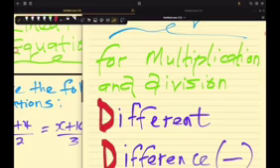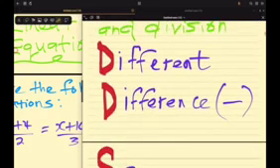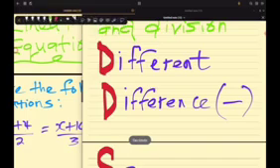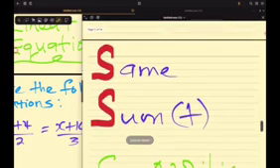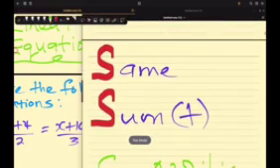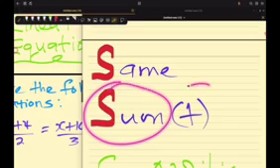When you are multiplying and dividing numbers generally, you can use DDSS. The first D means when the signs are different, pick difference, and difference in mathematics means minus. The first S means same. When the signs are the same, use sum, and sum in mathematics means plus.